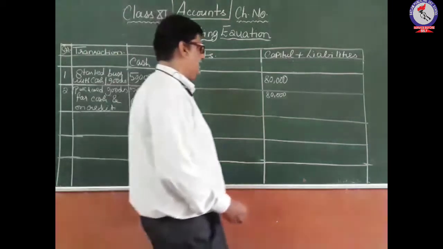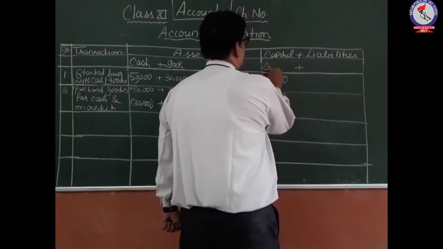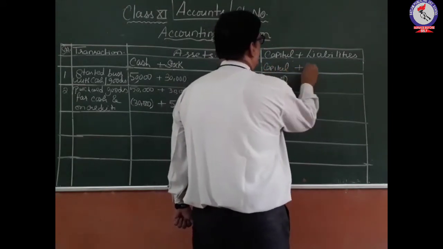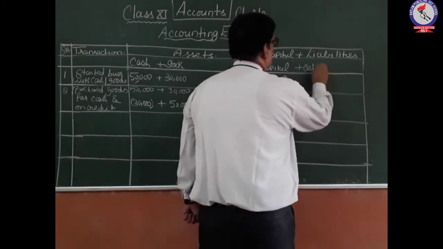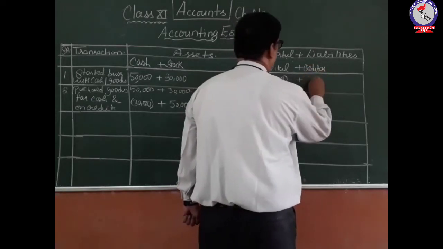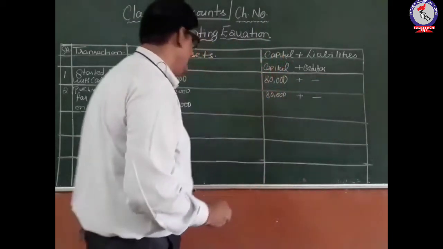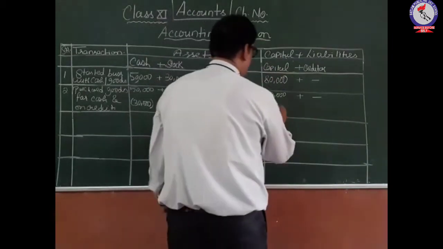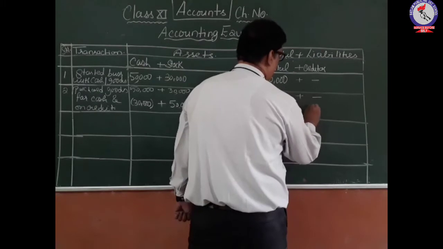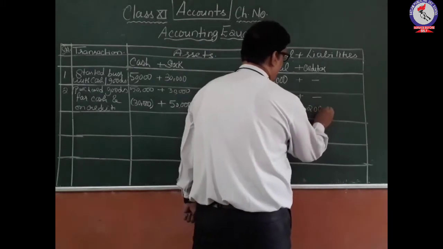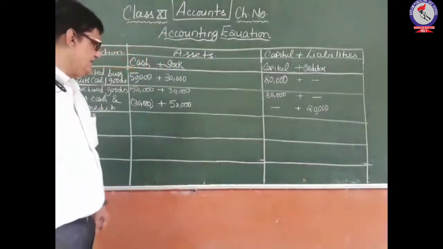One more account will be opened here on the liability side, the new account known as creditor. There was no creditor after the first transaction. In this event there is no change in your capital, but the creditor has increased by 20,000 rupees.